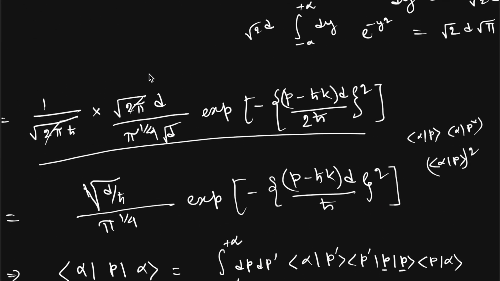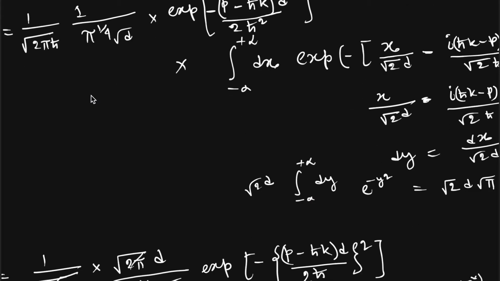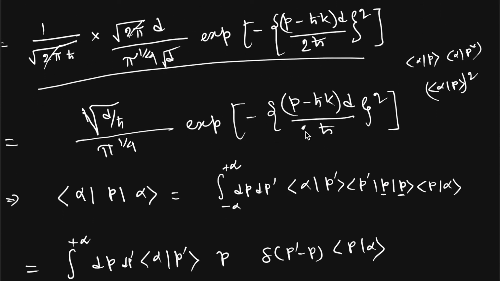The value of alpha p is 1 by root 2 pi h cut, so there will be a 2, right?